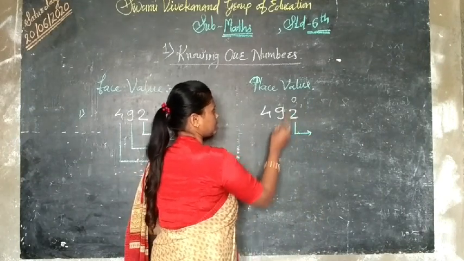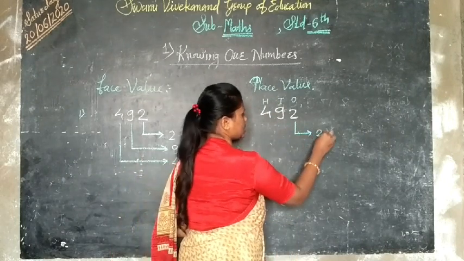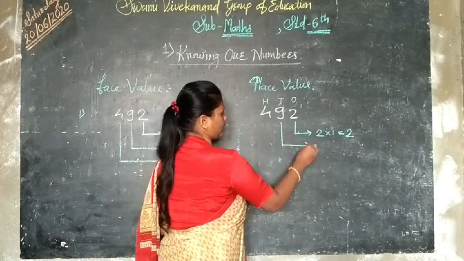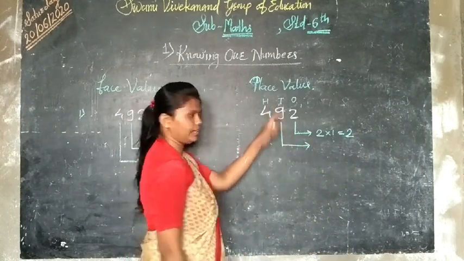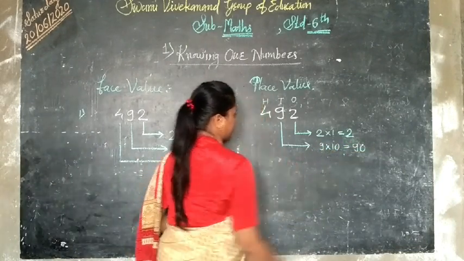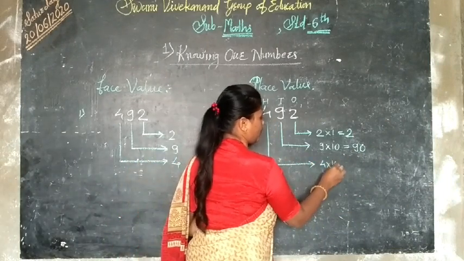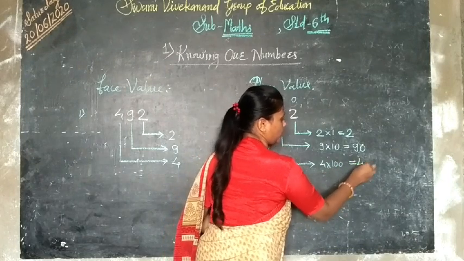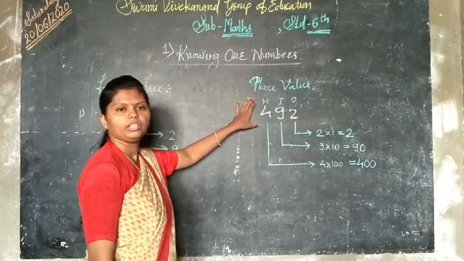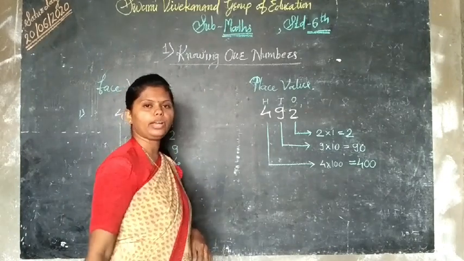Its place is ones, tens, hundreds, and that's why the place value of 2 is 2, whereas the place value of 9, which belongs to the tens place, 9 by 10 is 90, and the place value of 4, which is at the place of 100, is 400. Now, if you take any other examples, orally you can give the answers: what are the face value and the place value.